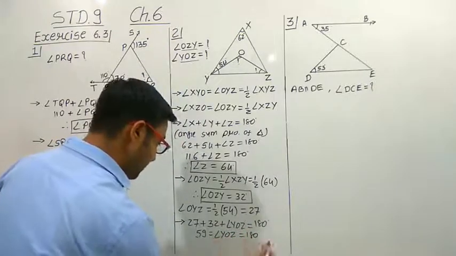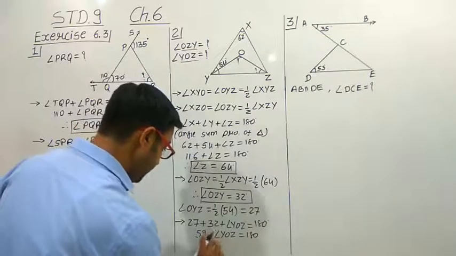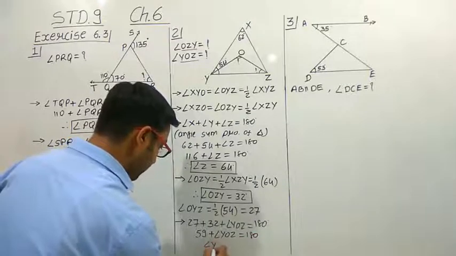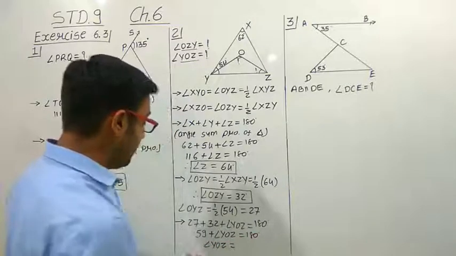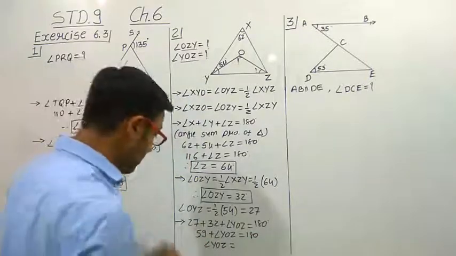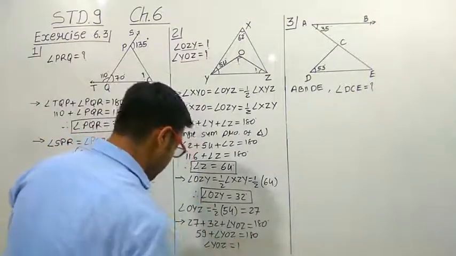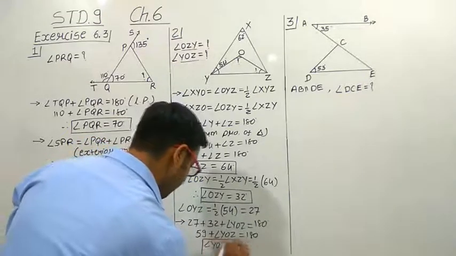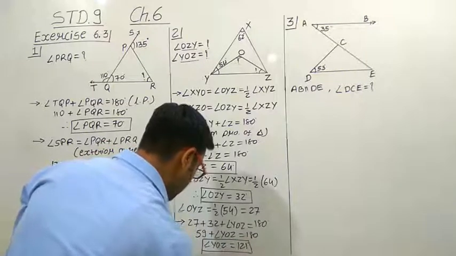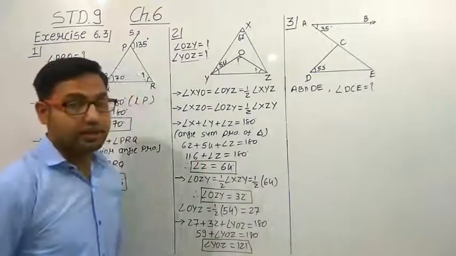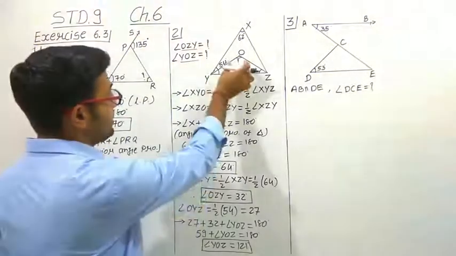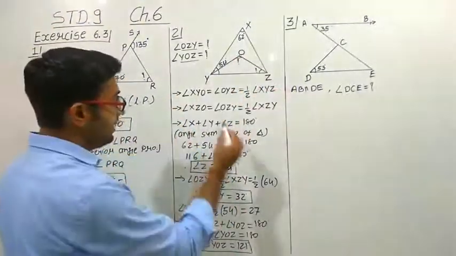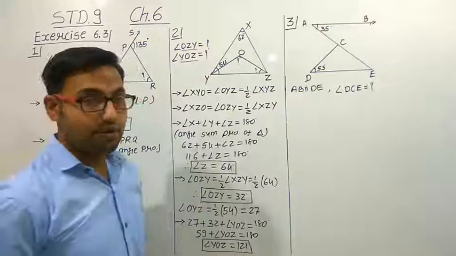Now when we take 59 to the right hand side, we can find the value of YOZ. So angle YOZ will be 180 minus 59, that is 121 degrees. So see how we can use the angle bisector to find the value of OYZ and OZY, and then apply the angle sum property of triangle.